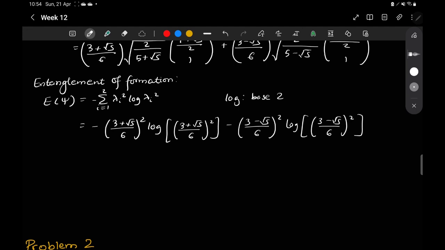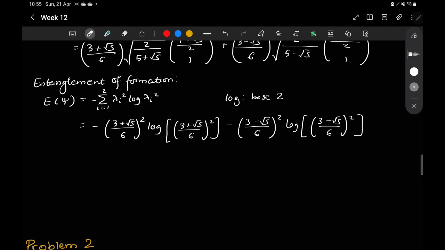So let me bring out my calculator and plug in these values. So 3 plus root 5 equals, then divide by 6, enter, then square of that, this equals this. Then we need to take logarithm of this as well, times this.